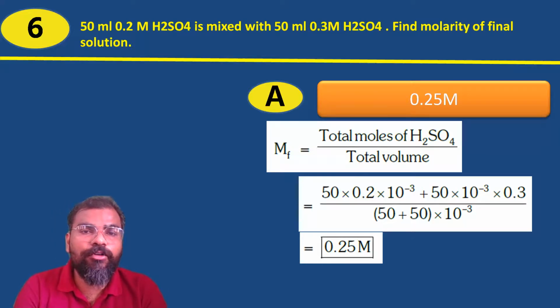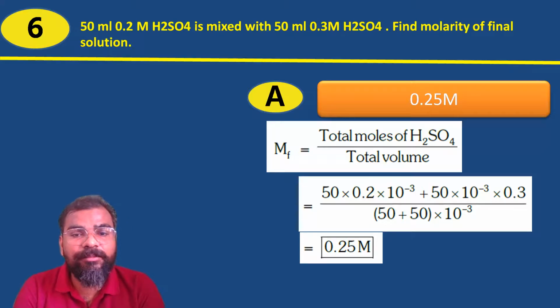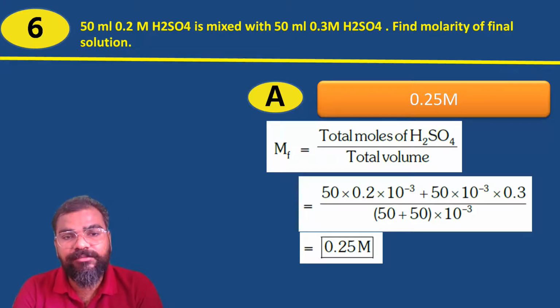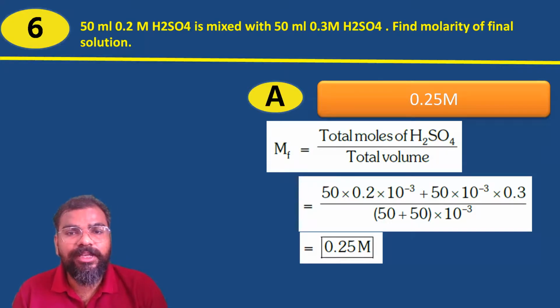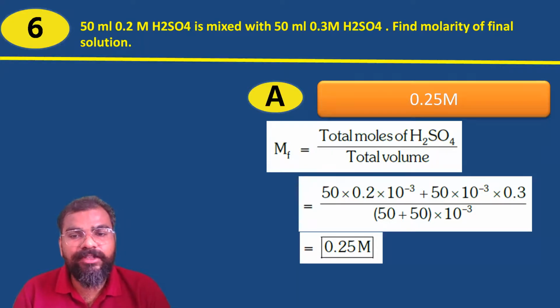Okay, so total moles of H2SO4 for first type of solution, that is 50 multiplied by 0.2 into 10 raised to minus 3, plus कर देंगे 50 into 10 raised to minus 3 multiplied by 0.3. ओके, न्यूमरेटर में दोनों का एडिशन कर लिया. ठीक है, दोनों के मोल्स का डिवाइड बाय total volume, so 50 plus 50, okay, multiplied by 10 raised to minus 3. So if you simplify this, you'll be getting 0.25.